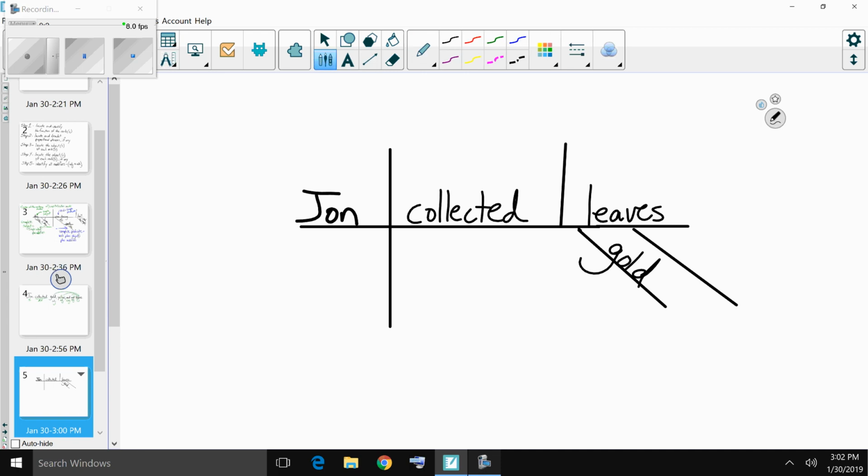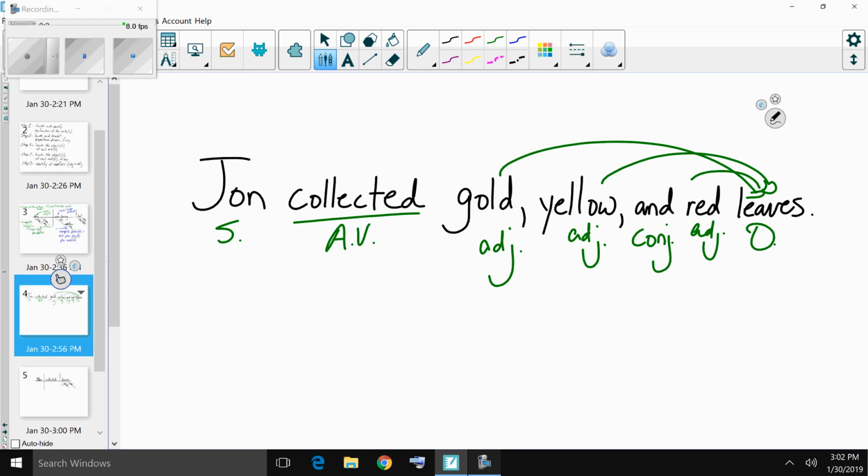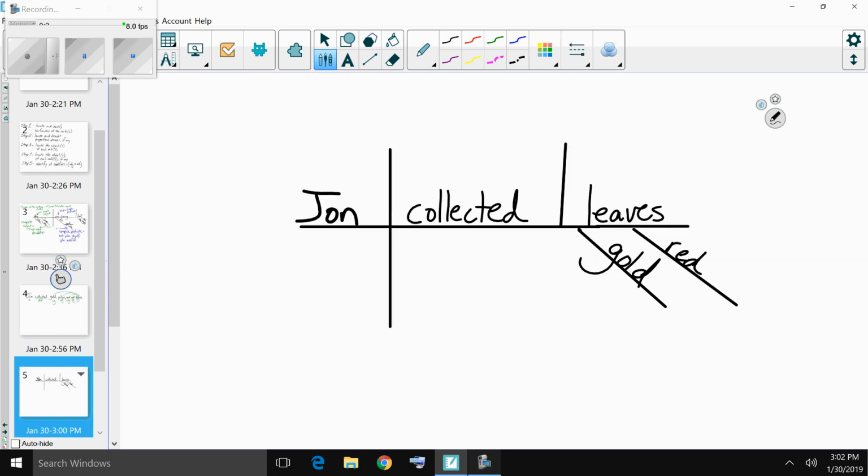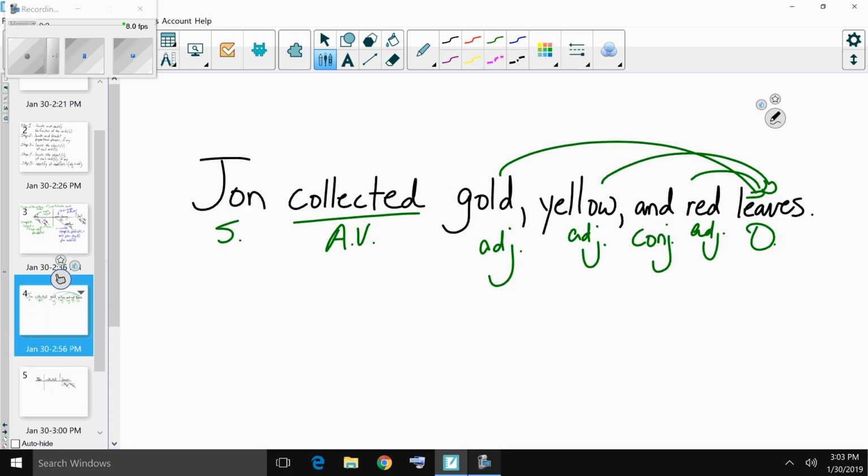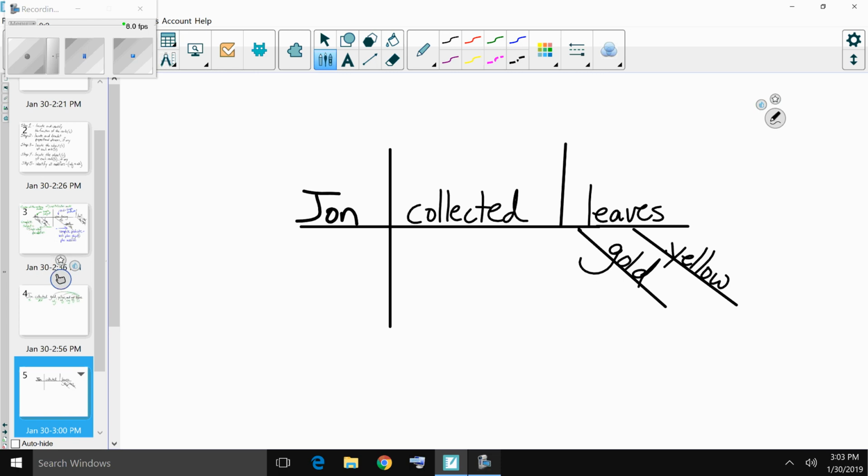It should be in order. No, it's gold. Red. What did I write? Oh, no, you're right. It's yellow. Hold on. I did it backward. Wait, no, you were right. I understand that, but I wrote it like this. We're going to go with this. Oh, whatever. Okay. All right.